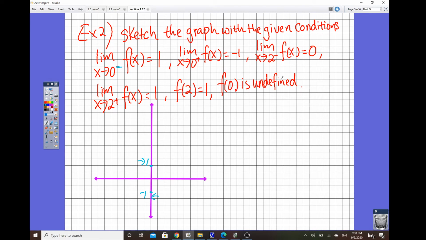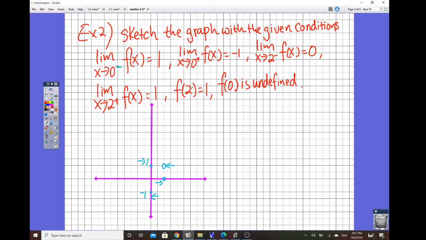So this one, again, x goes to 2 from the left, so the limit here is 0. And then the limit as x goes to 2 from the right is 1. The reason why they're considered open circles is that it's an unstable boundary. And then for f of 2, it's 1.